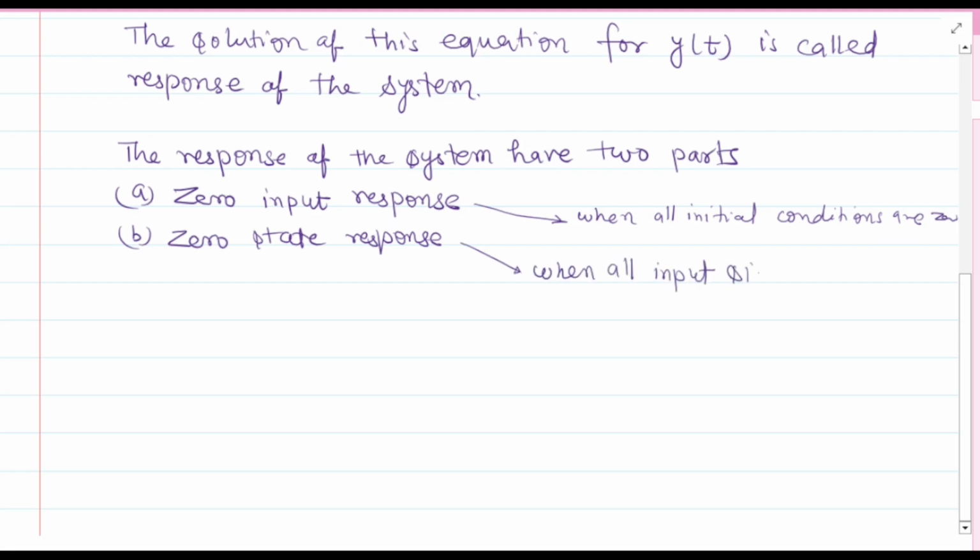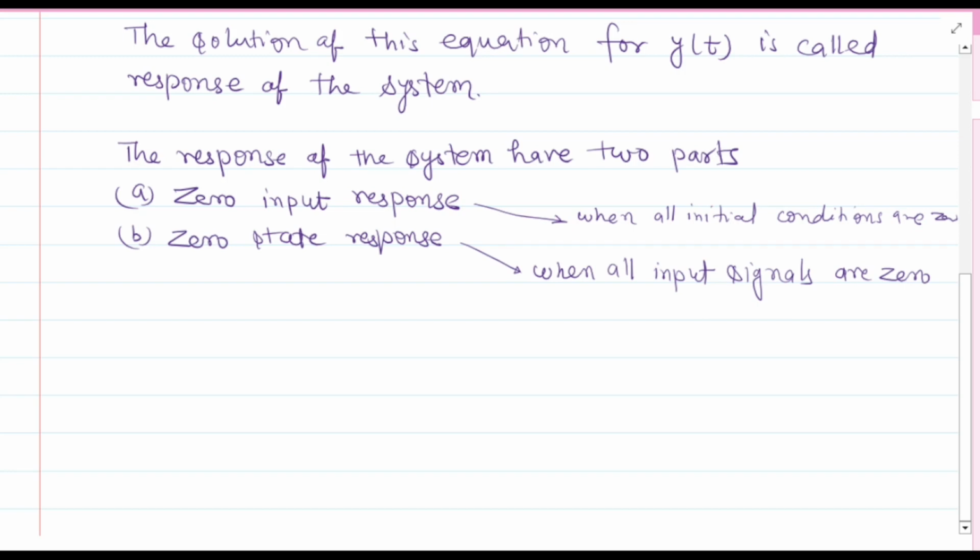On the other hand, the zero state response is the response when the initial states of the system are set to 0. All inputs are applied to the system and all the initial values are set to 0.